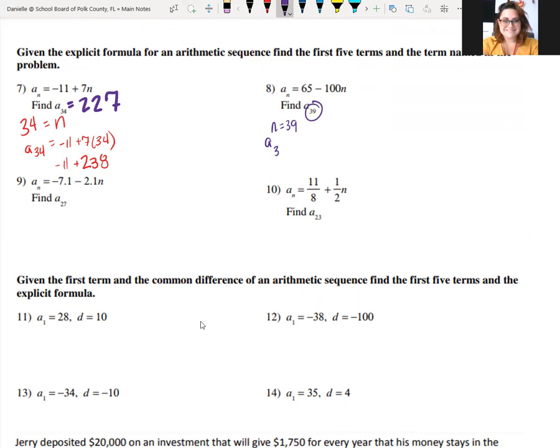So a sub 39 equals 65 minus 100 times 39. 100 times 39 is 3900, and 65 minus 3900 gives us negative 3835.